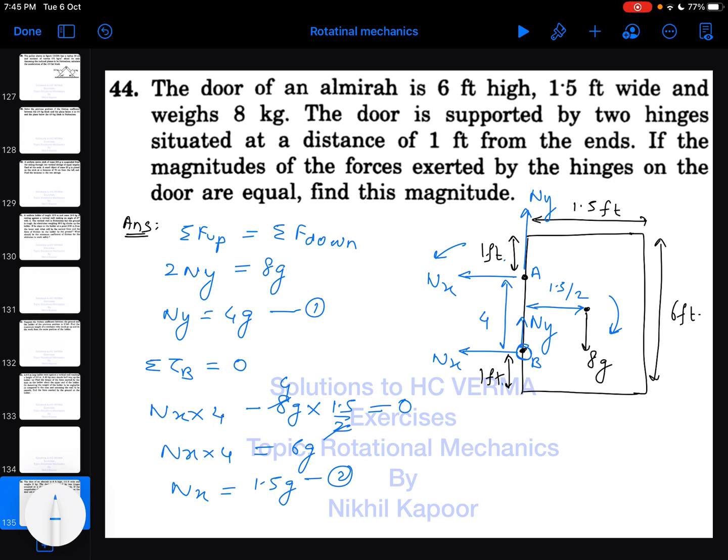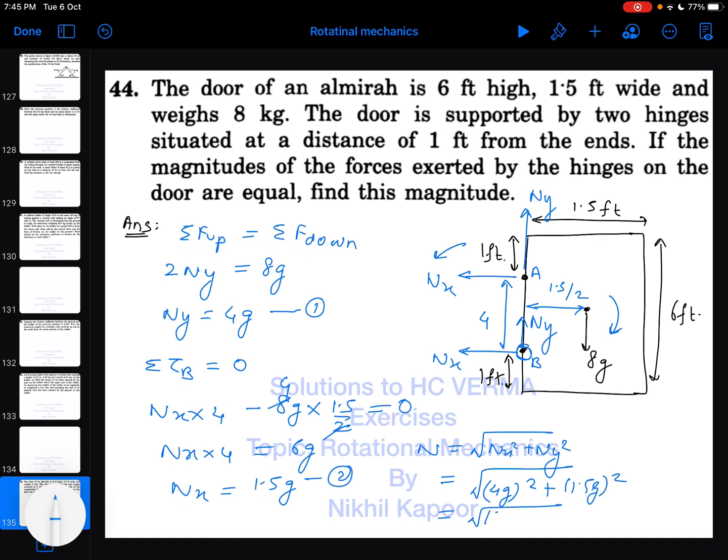We need to find the net force. So we can find the net force due to the hinges. So obviously the net force exerted by a hinge will be equal to the under root of Nx square plus Ny square by vector addition. So that would be equal to under root of (4g) the whole square plus (1.5g) the whole square.